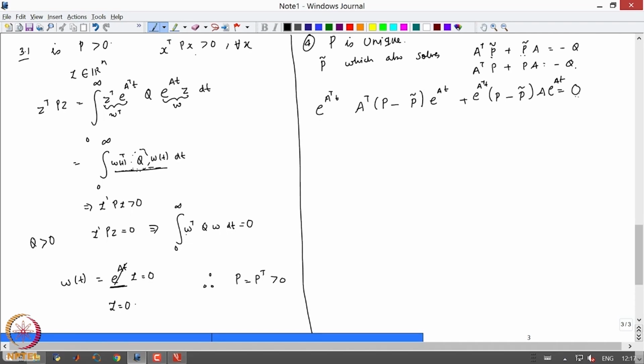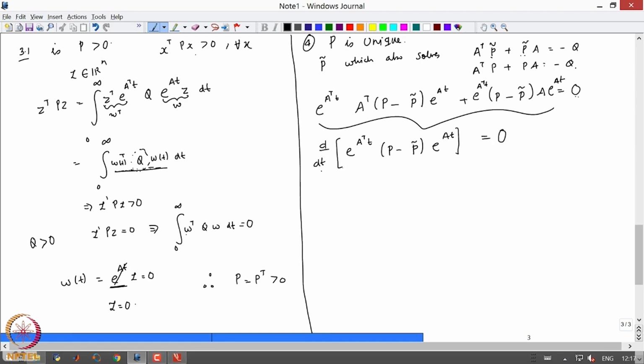So the quantity inside turns out to be d over dt of e power A transpose t (P minus P tilde) e power A t, which is essentially what is above, and that is equal to 0.